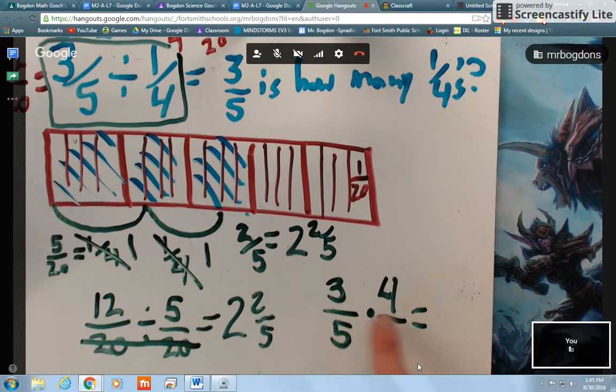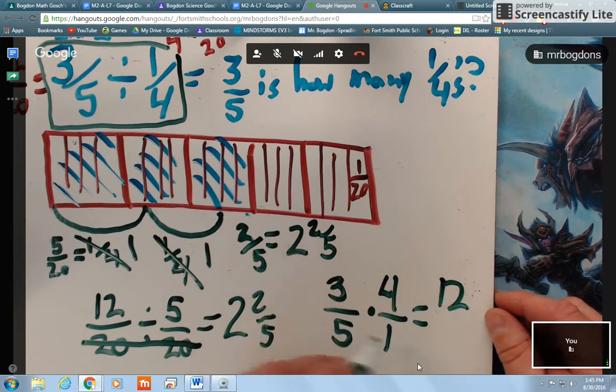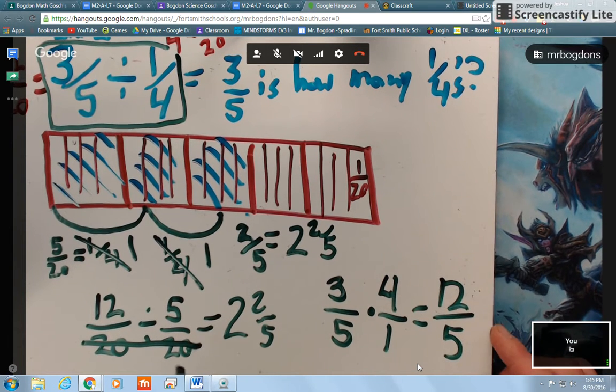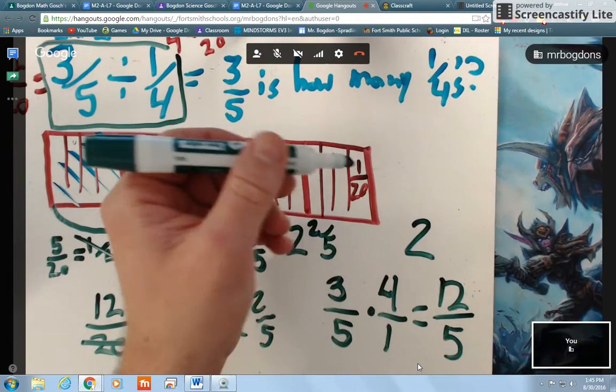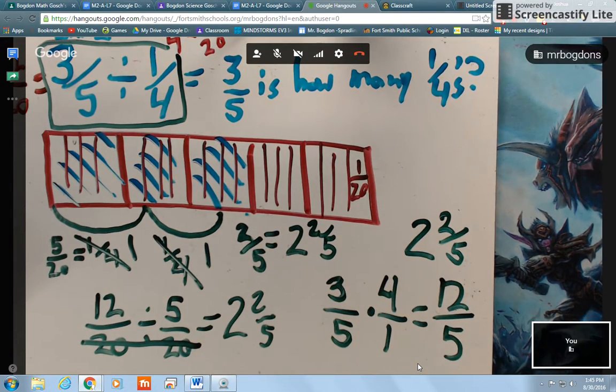And then 3 times 4 is? 5 times 1 is? And this should look familiar. So how many times will 5 go into 12? 2 with how many left over? Good.